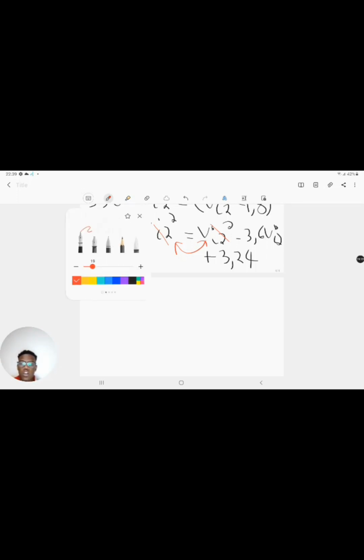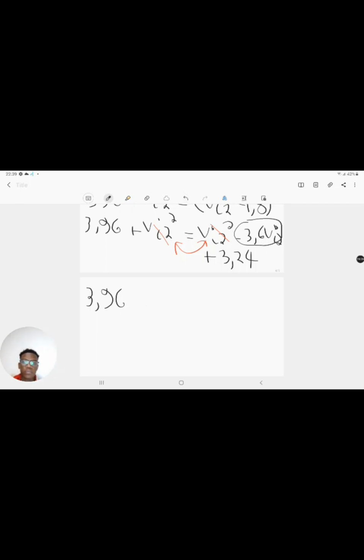Then what we are left with is the following. We've got 3,96 is equal to, I'm actually going to take that to the other side, so I'm just going to say 3,96 plus 3,6 VI2, then minus 3,24 is equal to 0.